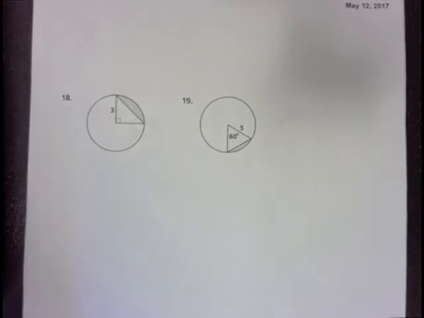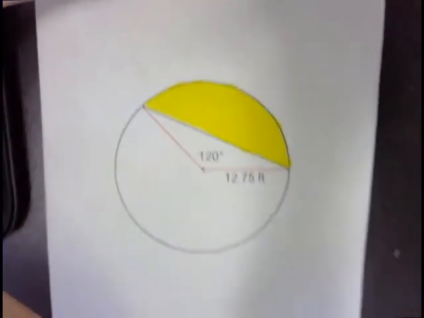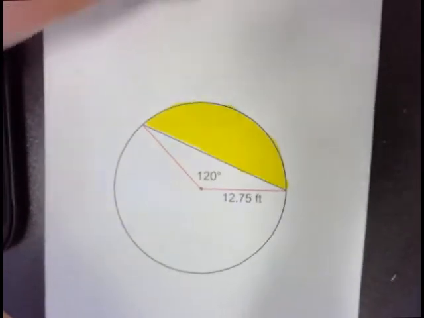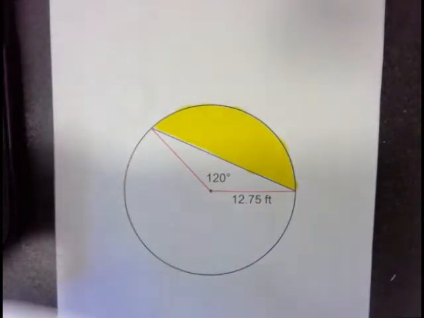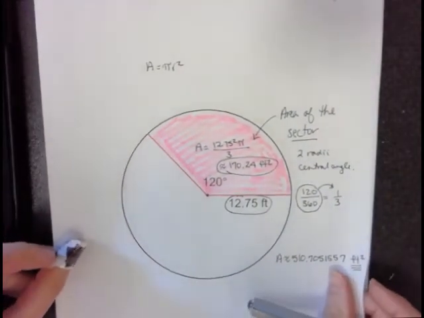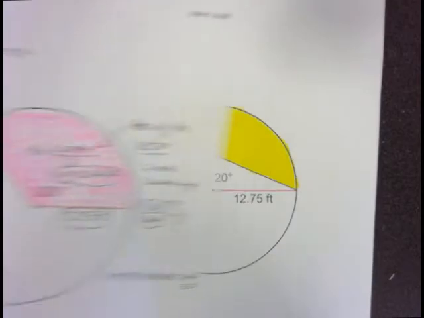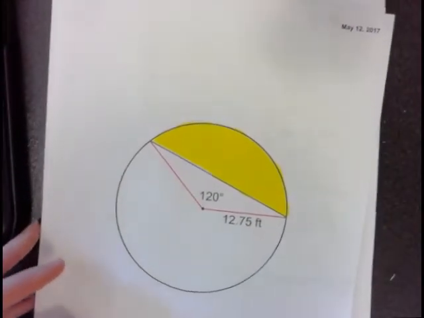The next thing is called a segment. Whoops, it's this one. Okay? So again, I'm going to bring this up a little bit. And I'm going to show you what we just did. So let's look at what we just did. Here is the sector. And if I take something called a chord, you might be able to see it underneath. Can you see that underneath?